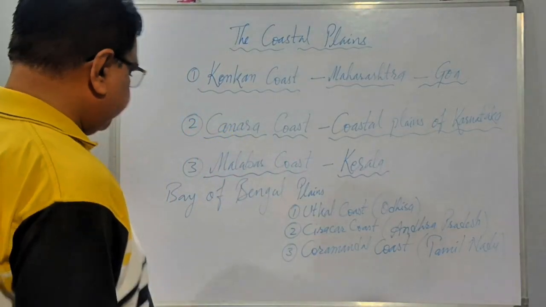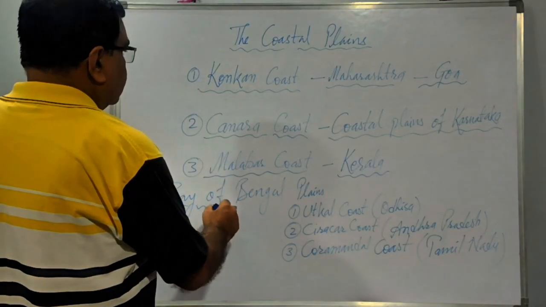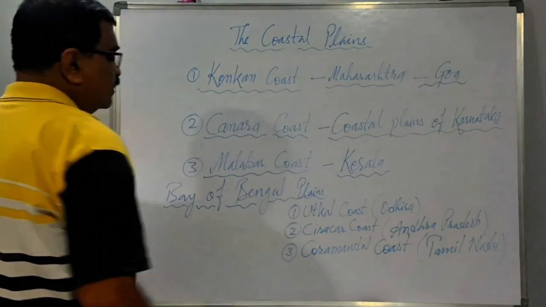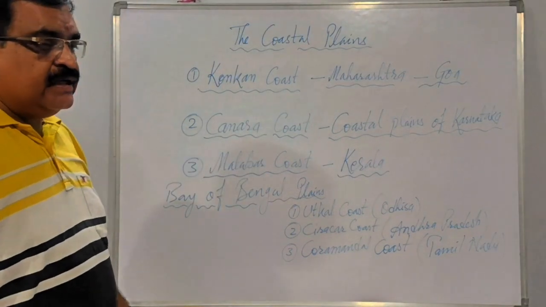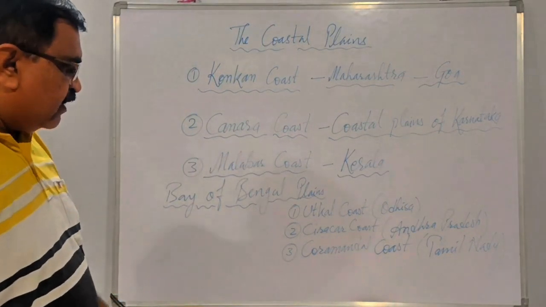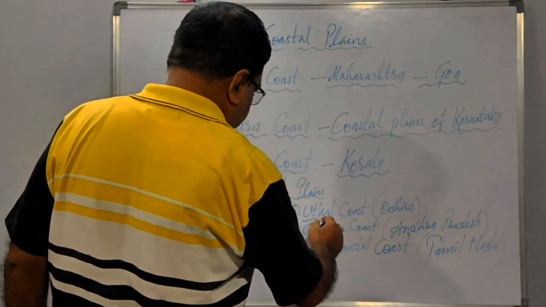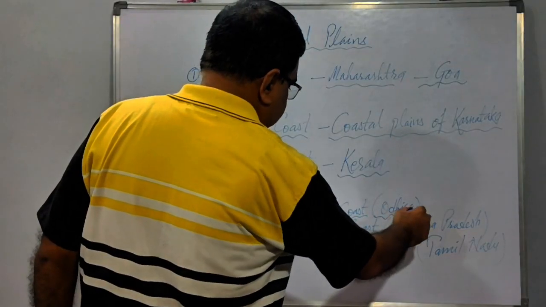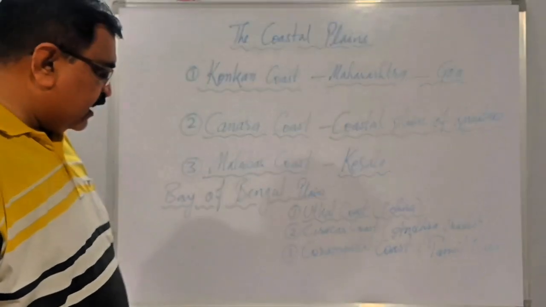The second among the coastal plains is the Bay of Bengal plains, which are situated on the eastern side of our India. The Bay of Bengal plains consist of the Utkal coast, which covers the state of Odisha.